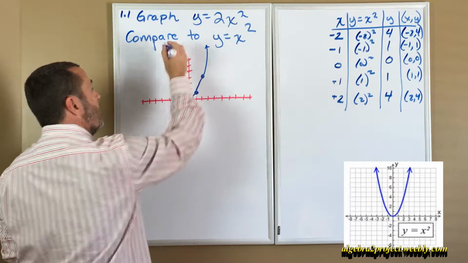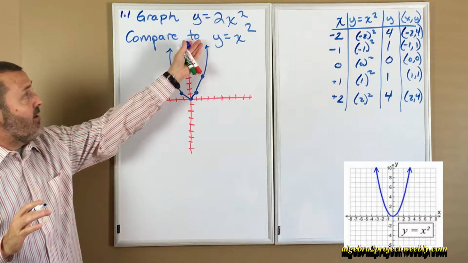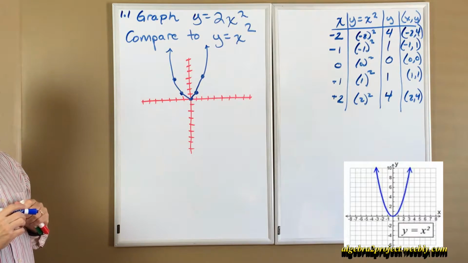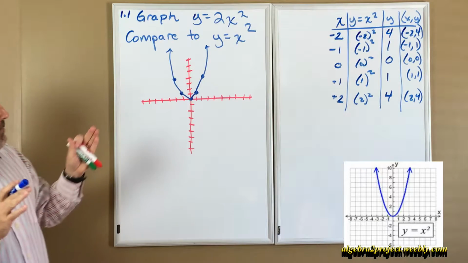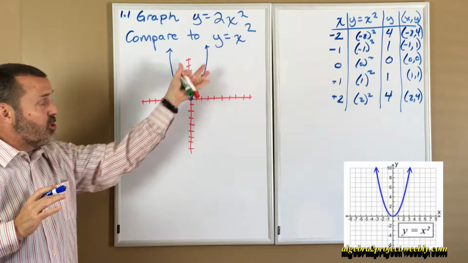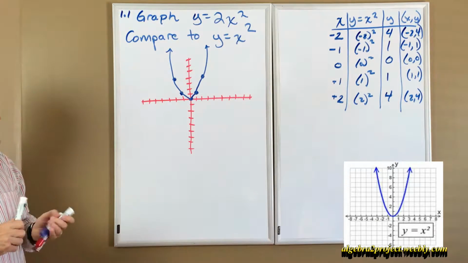Here again, I'm not an artist, but that's not a bad rendering of what our parent function y equals x squared looks like. Now, to be able to compare the graph y equals 2x squared to the parent function, I'm going to need to graph it. I'll use green ink to do that.